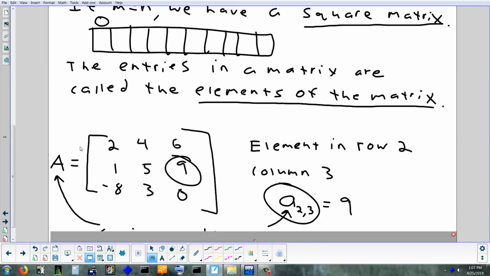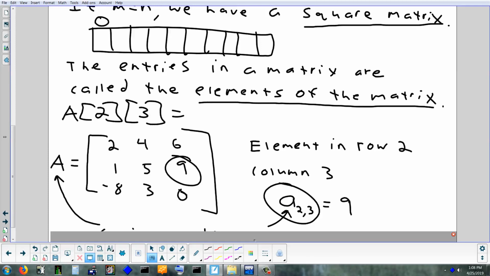If I was doing this in the specific computer language that I showed you, it would be like this: A bracket 2 bracket 3. That's how you write row, column, at least in C++. Every computer language is different, just like real languages. So this is how you kind of do it in math language.